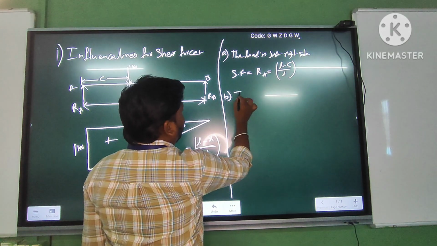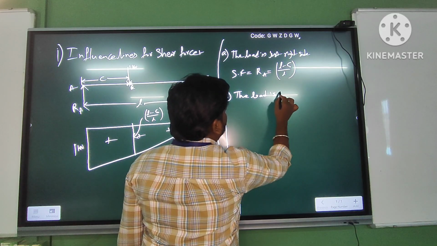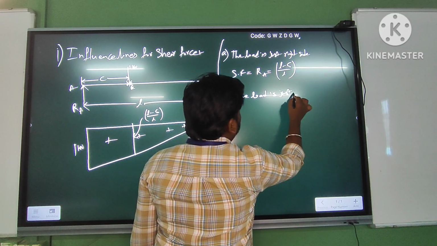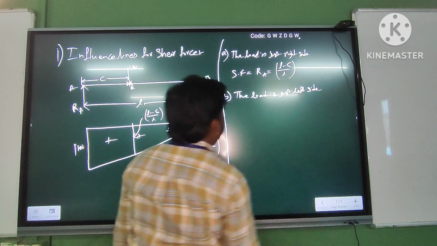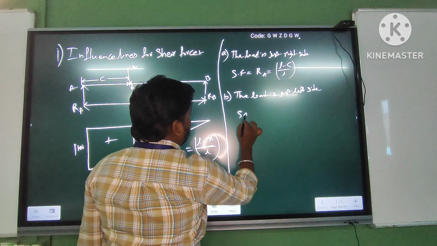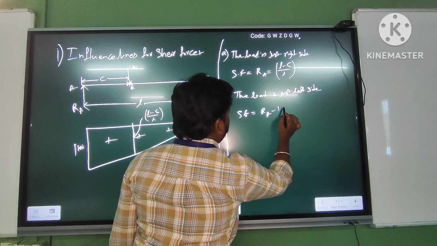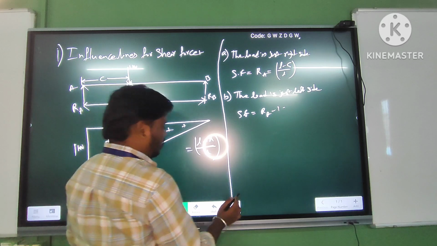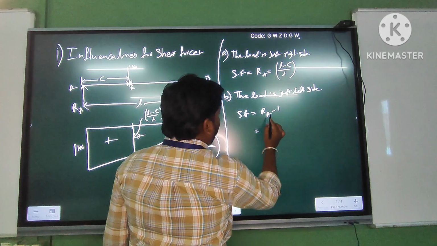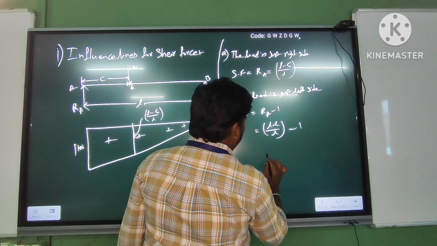Coming to the second case, when the load is just left side, the shear force will be simply RA minus 1, because it is having a unit load. What is RA? L minus C by L minus 1.